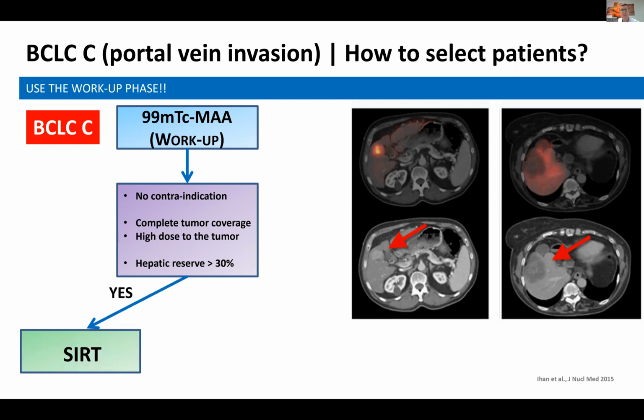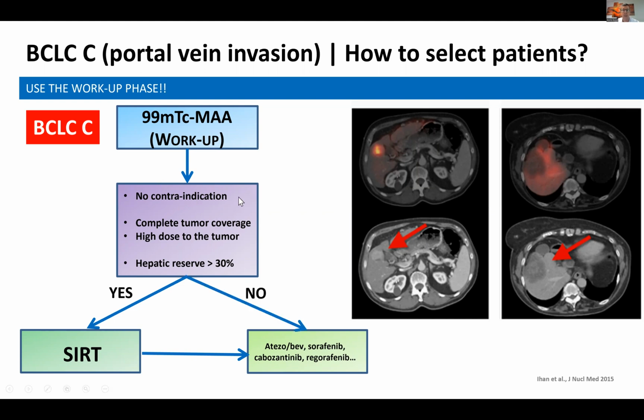If we can answer yes to these 4 questions, then we go for Y90 or CERT, and we use the other drugs as second-line treatment. Otherwise, if there is any problem, for example if I can't deliver a high dose to the tumor, or I can't preserve at least 30% of the liver parenchyma, then we go to the standard atezo-bev and the other drugs. This is our algorithm.